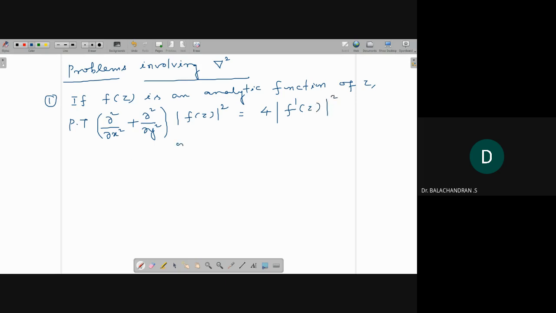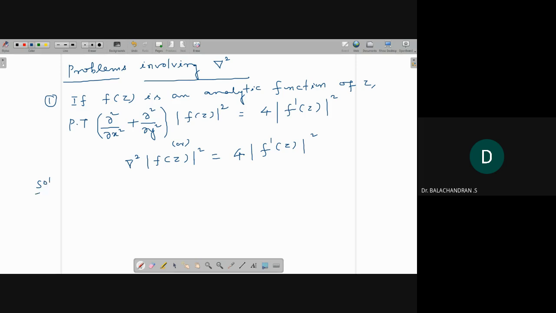Or in short form, del square of modulus of f of z whole square is equal to 4 times modulus of f dash of z whole square. Okay. So how to prove?